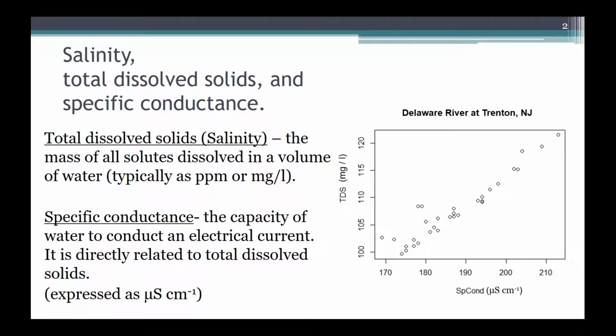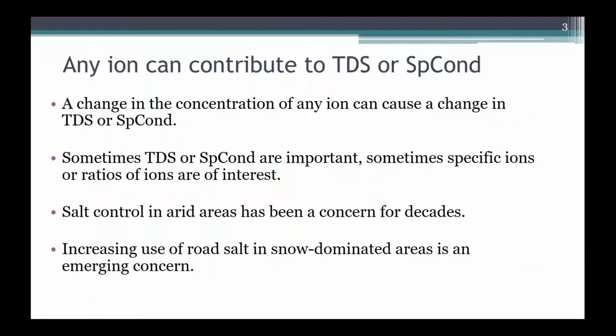Specific conductance, on the other hand, is a surrogate for salinity that is based on the electrical conductance of a water sample. So both total dissolved solids and specific conductance result from the combined effects of all major ions in the water. So a change in any major ion can result in a change of the overall salinity of water.